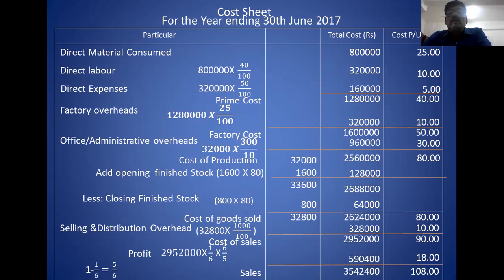Profit is equal to 29,52,000 into 1/6 divided by 5/6. You make one more step. In the next step, whatever denominator value is there takes up the numerator position, and while taking it to the numerator, it changes the position. 5 by 6 becomes 6 by 5. The same point I considered here.